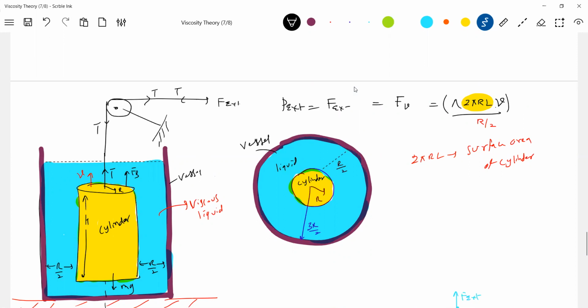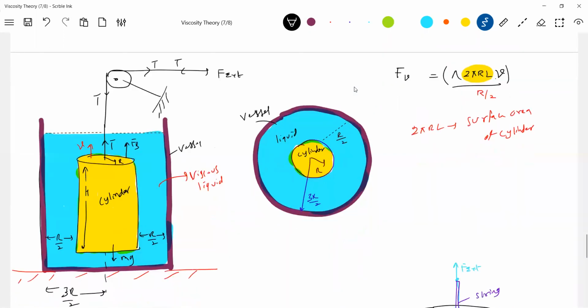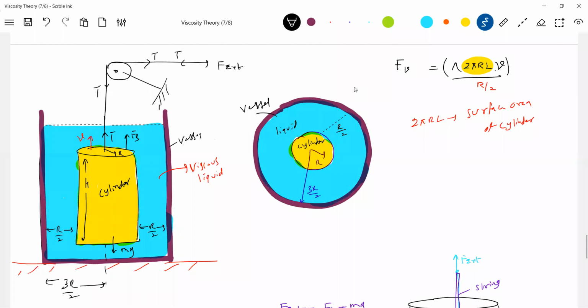Only viscous drag we will calculate. So what is the external power? Now F external should be equal to, I'll bring everything now. So T plus FB is equal to FV plus mg.